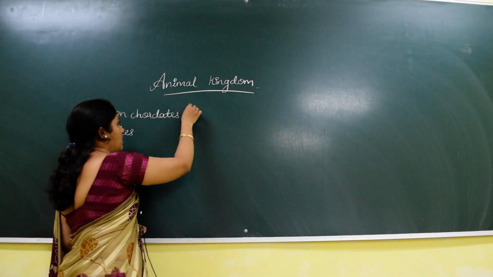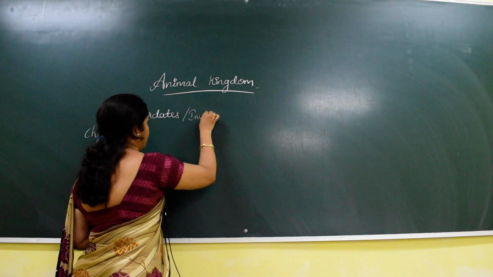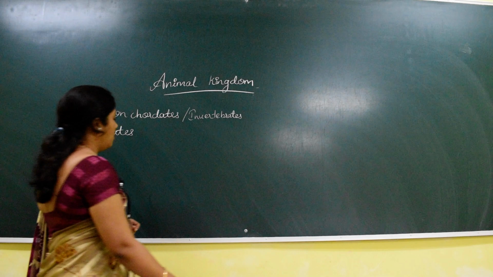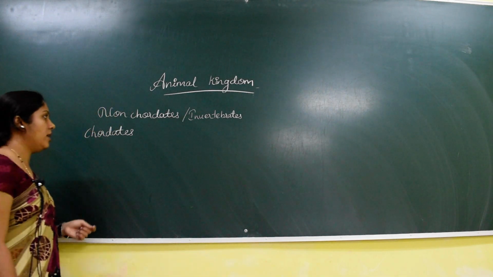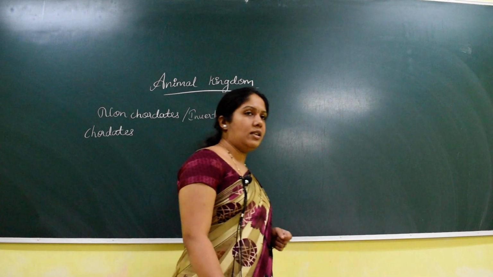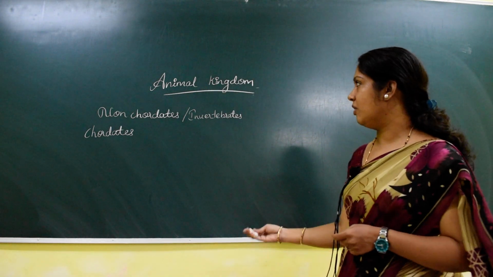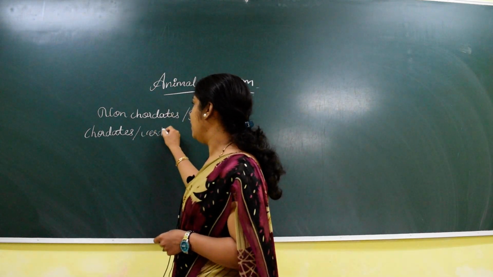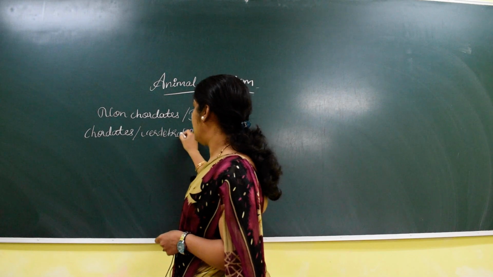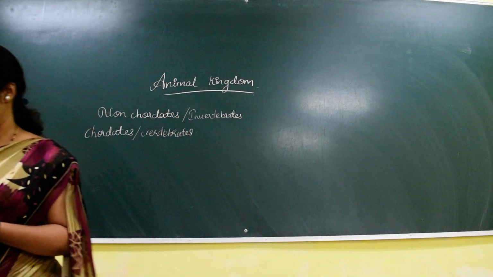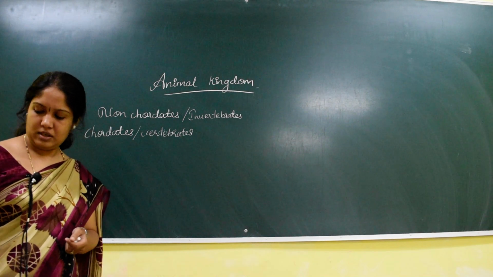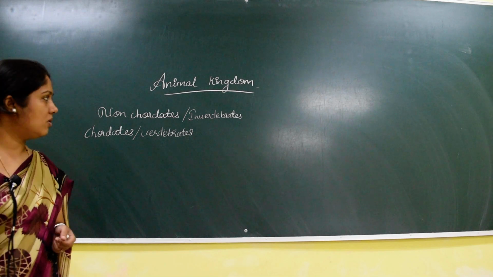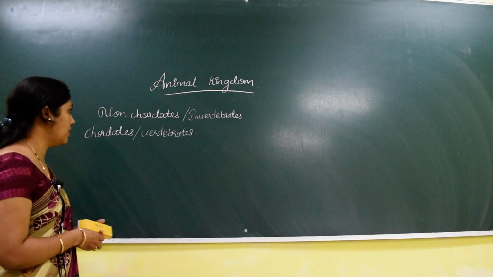Non-chordates are also termed invertebrates, whereas in the main phylum Chordata there is a subphylum called Vertebrata, commonly called vertebrates. In today's class we are going to study the basic terms used in both chordates and non-chordates.